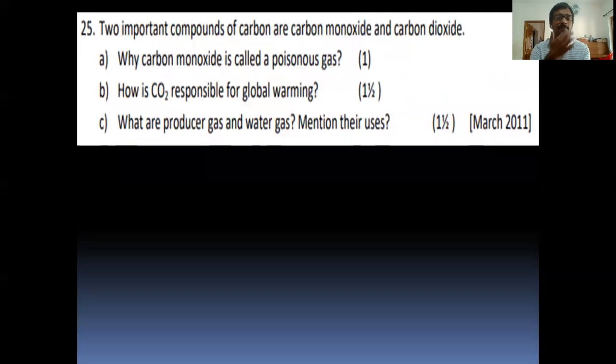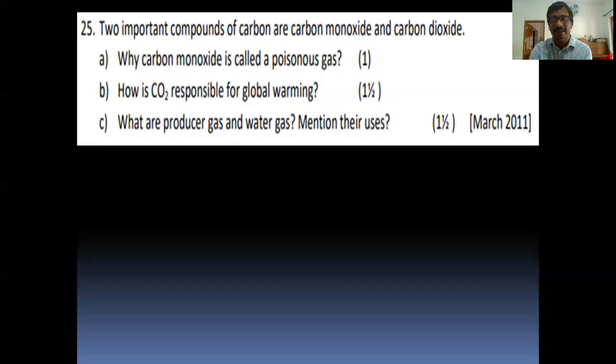B-O-R-A-Z-I-N-E, borazine. Two important compounds of carbon are carbon monoxide and carbon dioxide. Why is carbon monoxide called a poisonous gas? It will combine with hemoglobin to form carboxyhemoglobin. How is CO2 responsible for global warming?